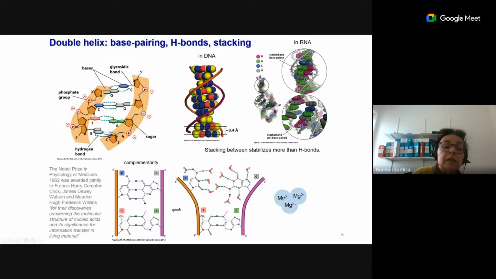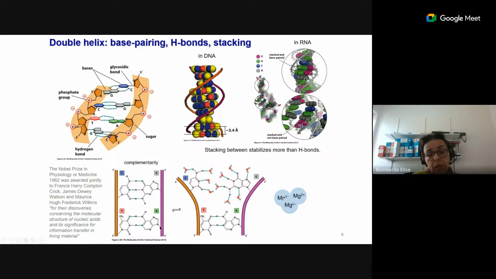These hydrogen bonds are important for secondary structure, but to form the polymer, you have this backbone here that forms with the glycosylation.